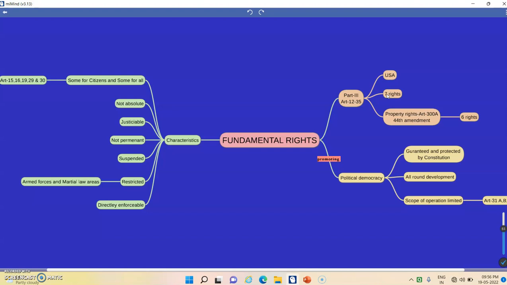Later on, the right to property was deleted from the list of fundamental rights by the 44th Amendment Act in 1978, and it was added under Article 300A. Now we have 6 fundamental rights in the Indian Constitution, Part 3.